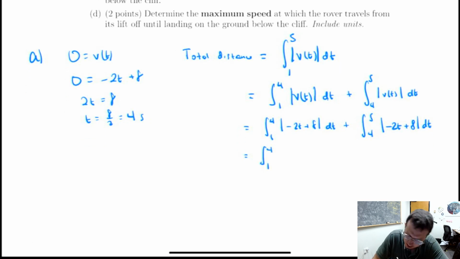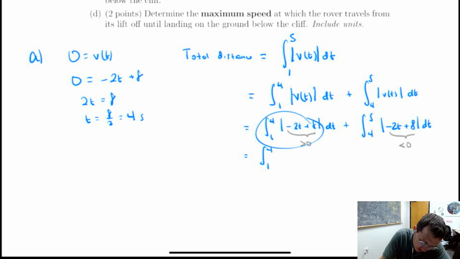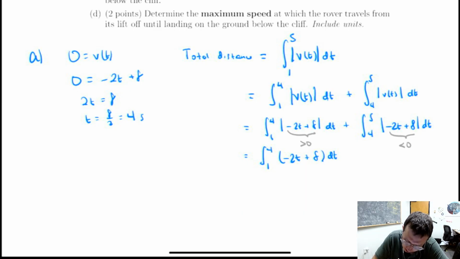And the point of this is that from time 1 to time 4, the velocity is positive. From time 4 to time 5, the velocity is negative. So when the velocity is positive, the absolute values don't do anything. The velocity is just minus 2t plus 8. But when the velocity is negative, the absolute value flips it from negative to positive. Flipping it is the same as multiplying by -1.